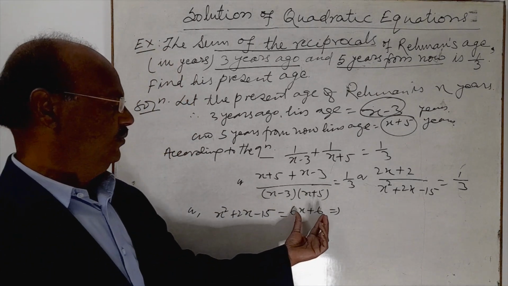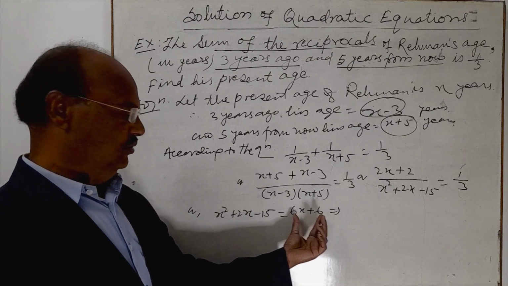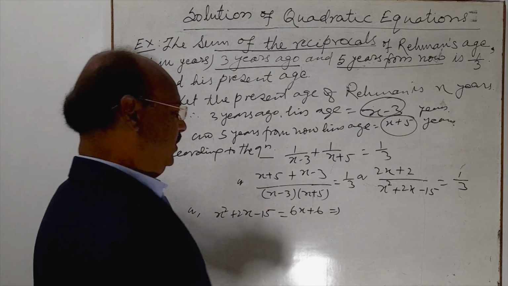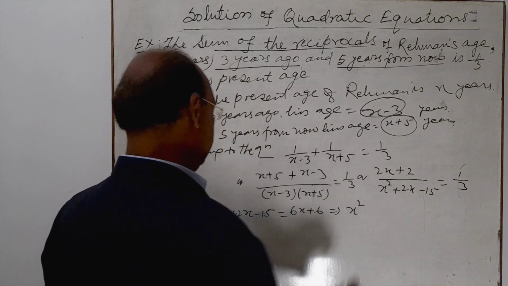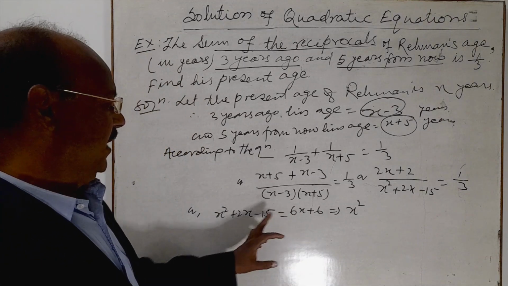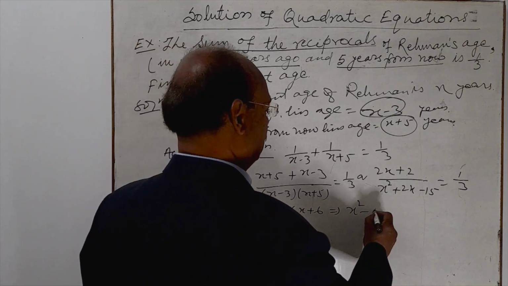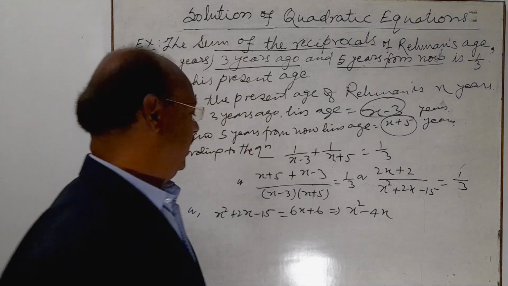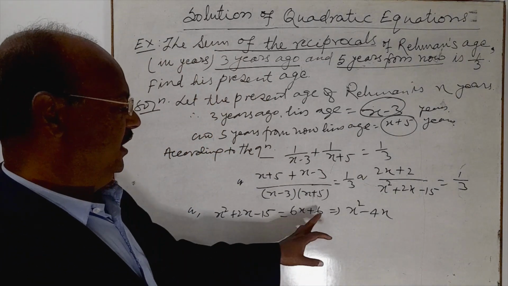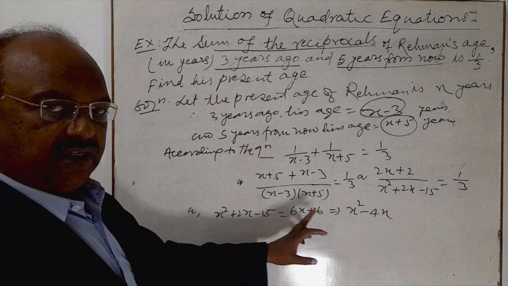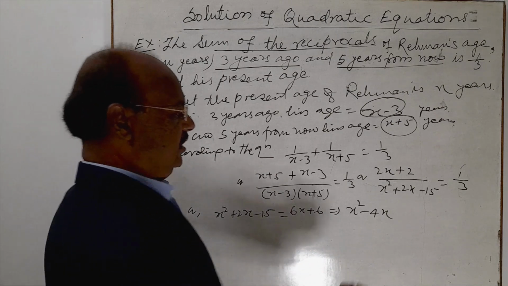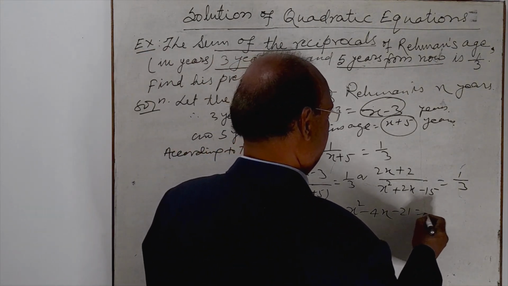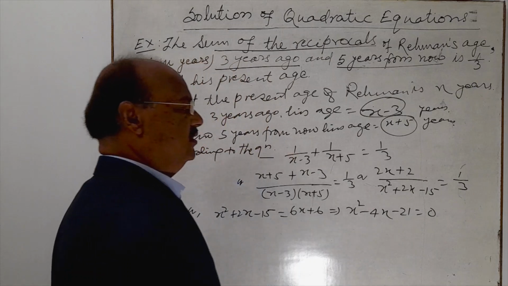Now we transfer these two terms to the left hand side, and you will get x square, here 2x minus 6x, so minus 4x, and minus 15 and minus 6 is minus 21, equal to 0.